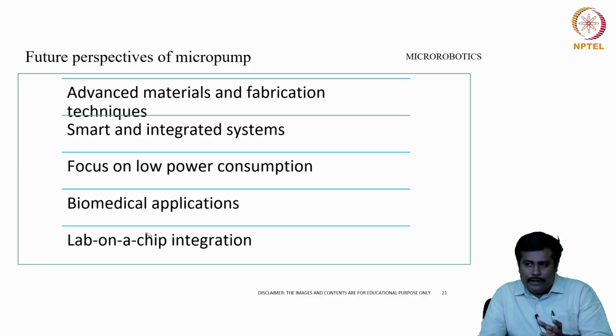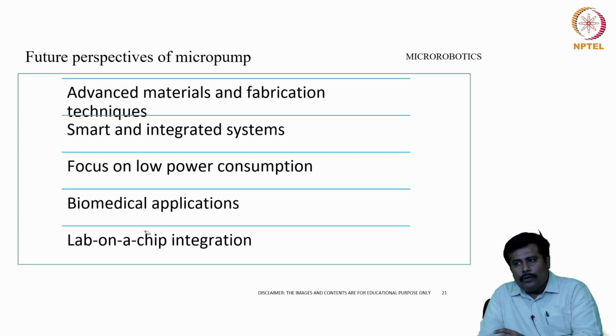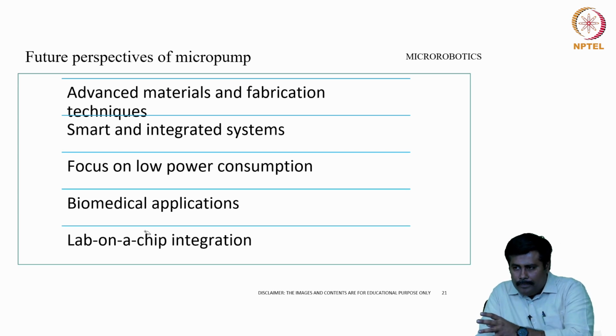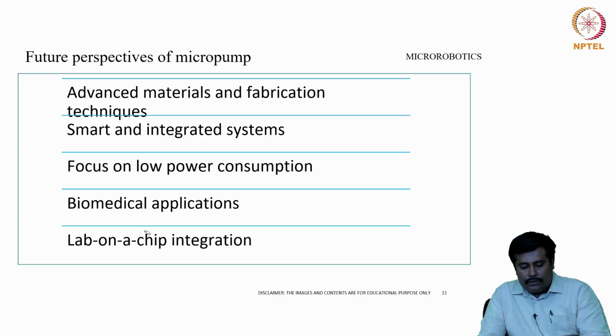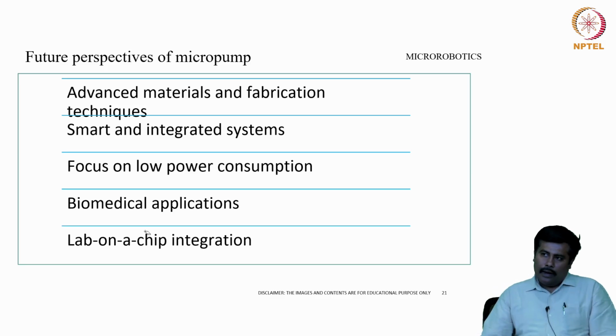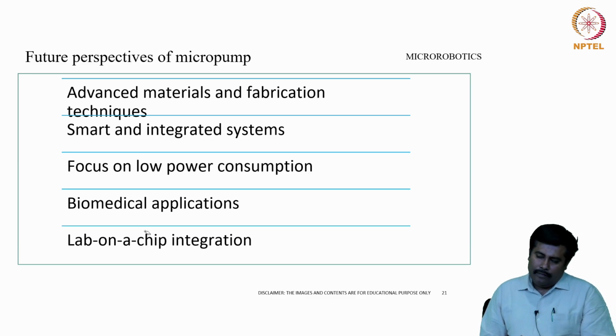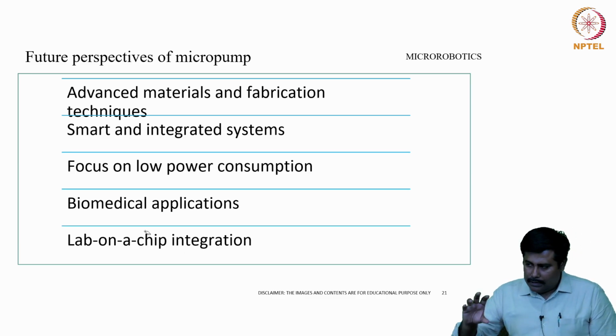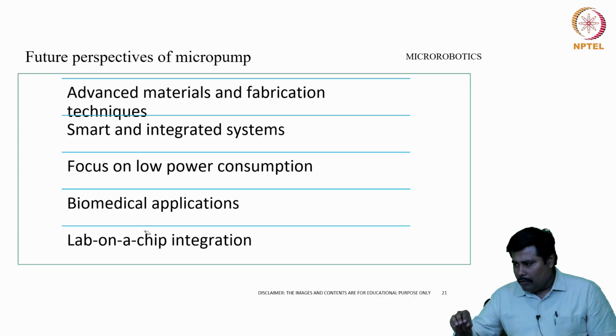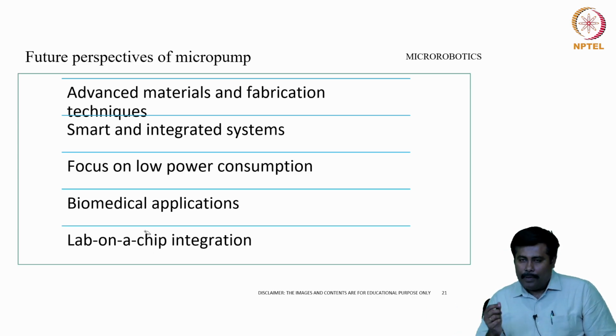We have seen the different designs where different actuation modes are deployed for taking care of micropump related development. And then we have also gone through some of the aspects where we have seen that these micropumps are deployed for different functional related applications. We have also seen some parametric related applications related to micropumps.